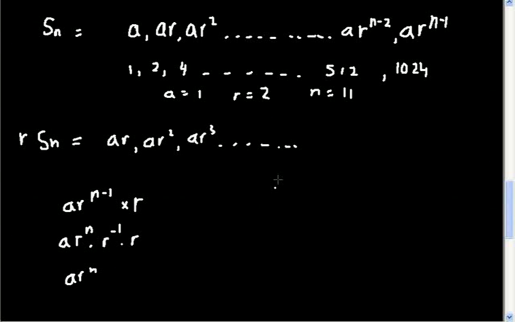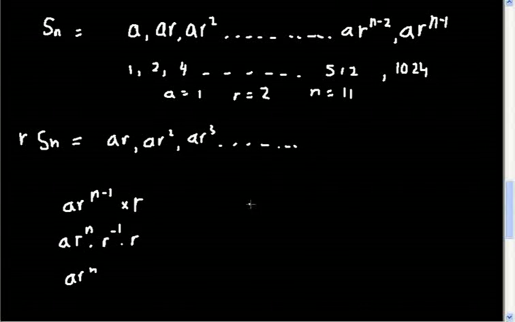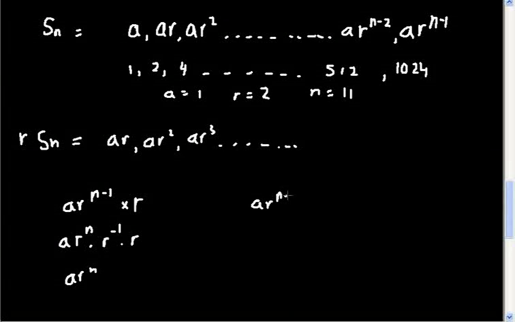And let's look at what would happen if I multiply this by another R. That's ARn minus 2 times R. So it's R to the power of 1 times R to the power minus 2.